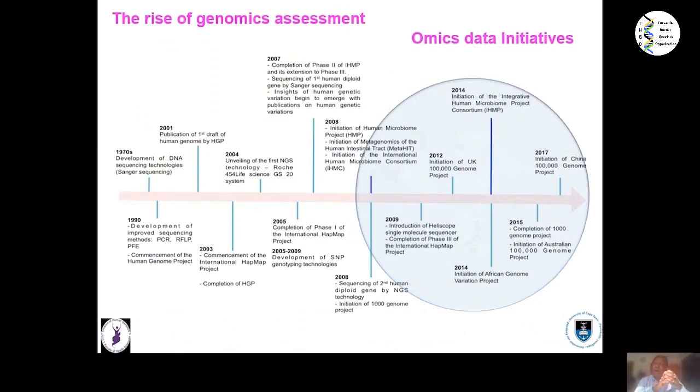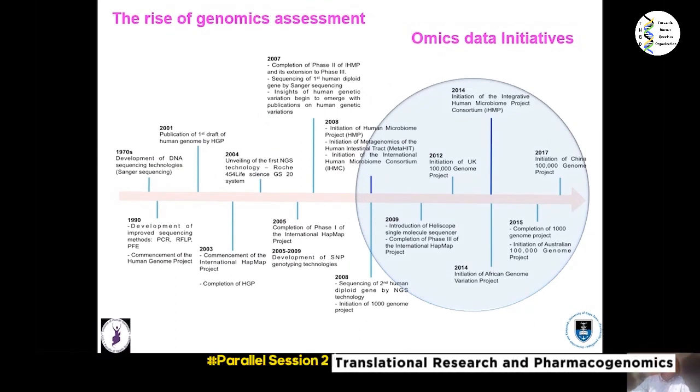So we have come a long way just to understand these kinds of variations. A lot of omics data initiatives have been taking place since 1970. That was the era of DNA sequencing technology, starting with Sanger sequencing and moving forward.